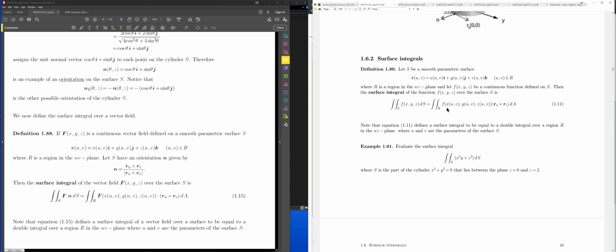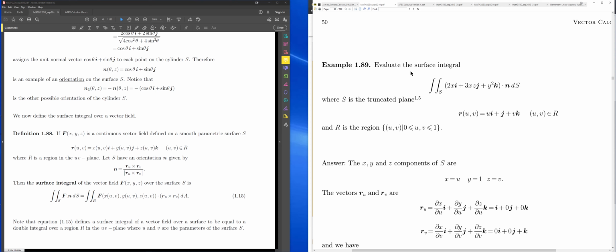Once I put in my information and work out the length of the r_u cross r_v, what I end up with is a function of the parameters u and v, and then I do a double integral over R. Likewise, it's the same thing over here: when I work out my dot product, I'm going to get a function of u and v, and then I would work that out as a double integral over R. It will help to see an example, which we will see now.